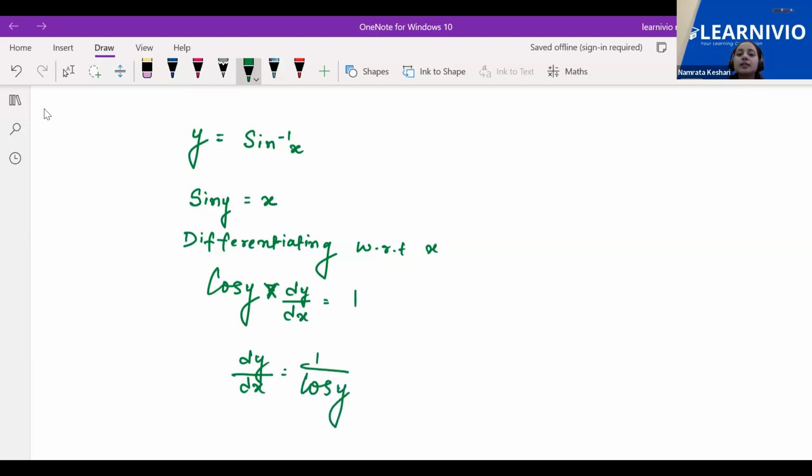Now there is an identity which you know already, that is sine square x plus cos square x is equal to 1, right? Yes. The same identity can be used for anything, like sine square theta plus cos square theta, sine square y plus cos square y. Okay, so for cos y, what can be written, Annapurna?